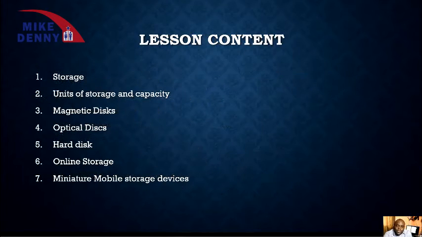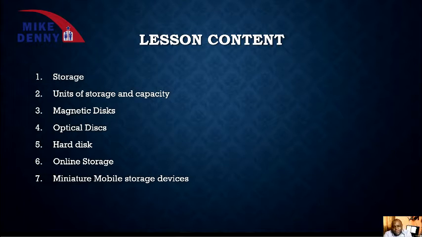Let's start with the content. In fact, we're going to learn what is storage. Then we're going to talk about the units of storage and capacity, how to measure, how to compare two different storage medium. We're going to talk about magnetic disk, optical disk, hard disk, online storage, and mobile storage devices.